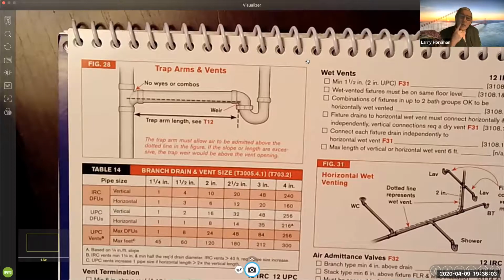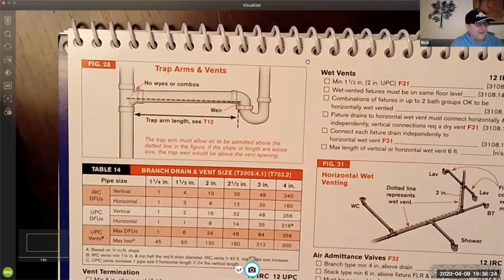So when I put a laundry in, the last time I put in a trap primer because I put a drain in the bottom of the laundry pan where the washing machine sits, because sooner or later, the washing machine is going to have problems. It's going to leak.